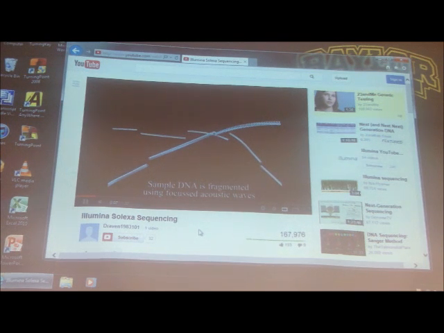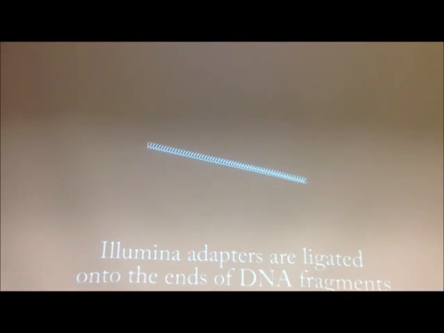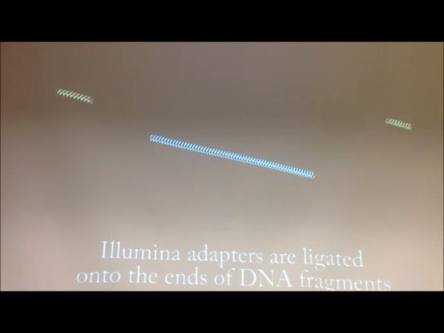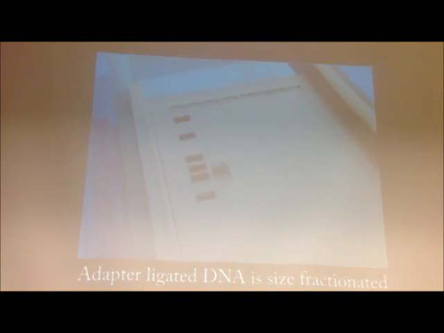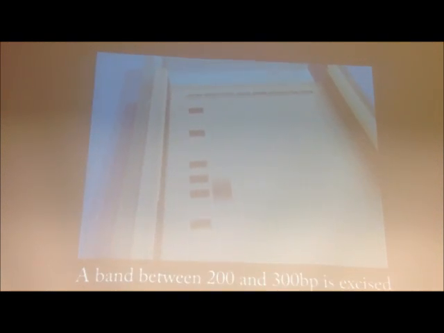There we go. Can you see okay? Okay, adapters come in. So take the ones you want, so you just cut that out of the gel. This is a good video.